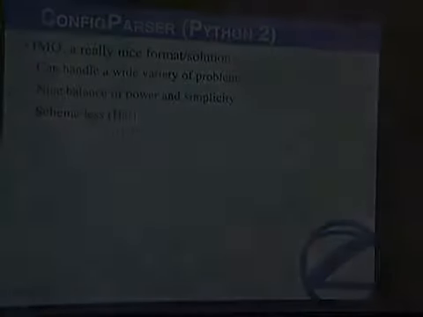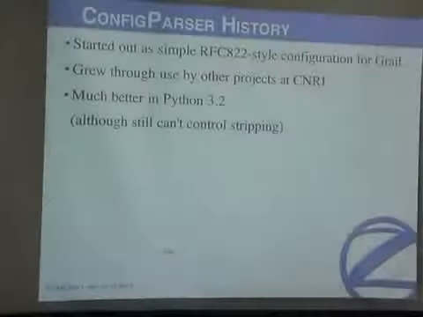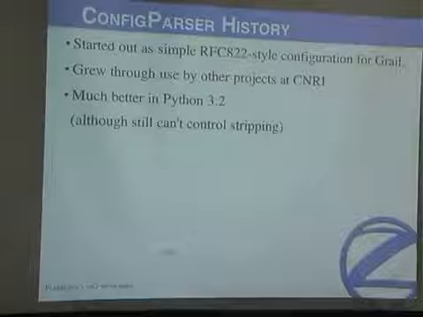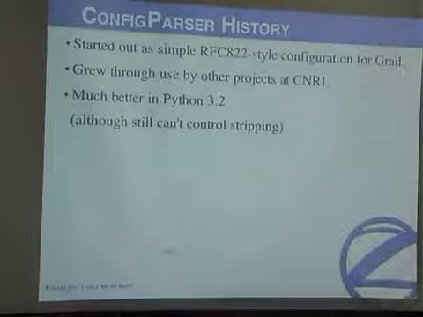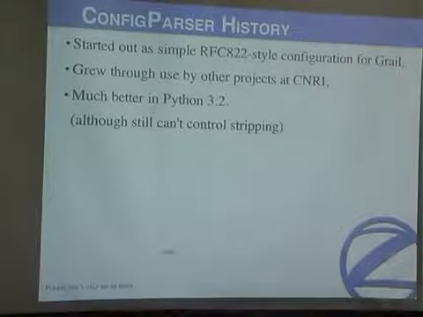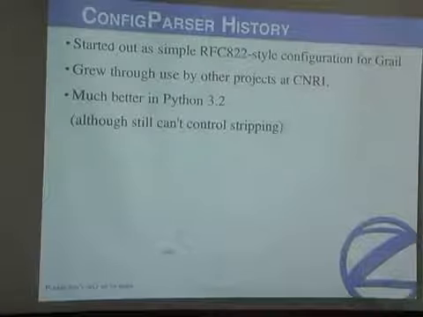There's still a schema. Your application started out as a configuration language for Grail. How many people know what Grail is? Yeah, Grail was a web browser developed by the group that later became Python Labs, Guido et al. at CNRI.